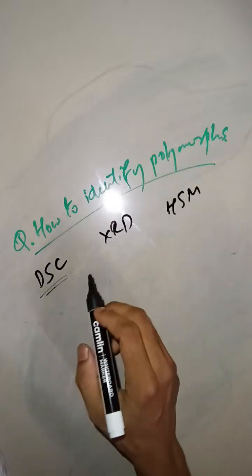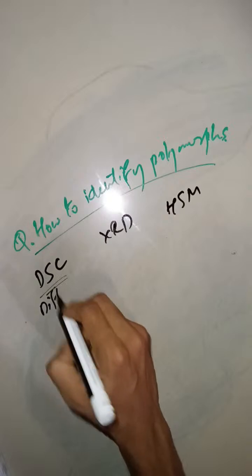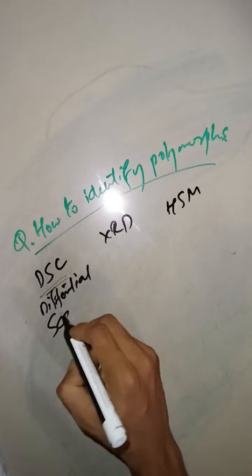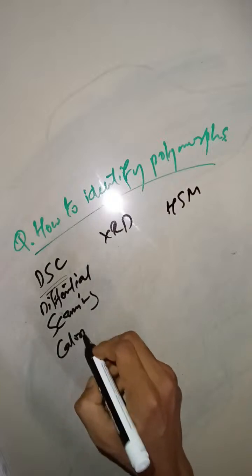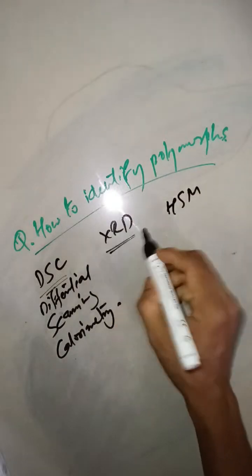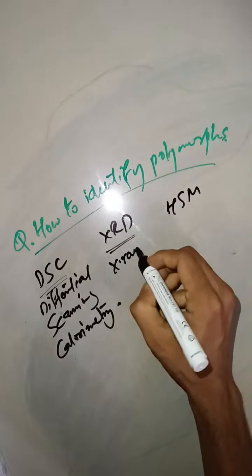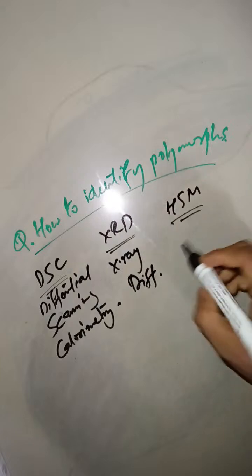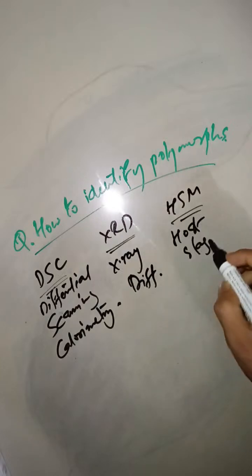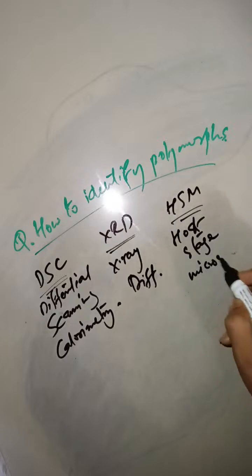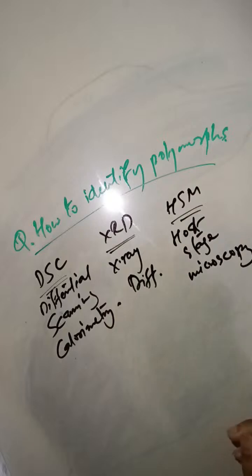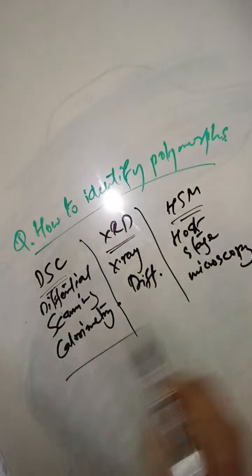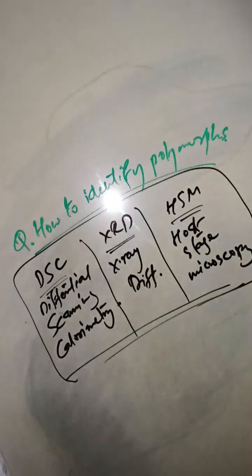DSC is differential scanning calorimetry. It is all about temperature. XRD is X-ray diffraction. HSM is hot stage microscopy. So DSC, XRD and HSM are the three different techniques by which we can identify the polymorphs.